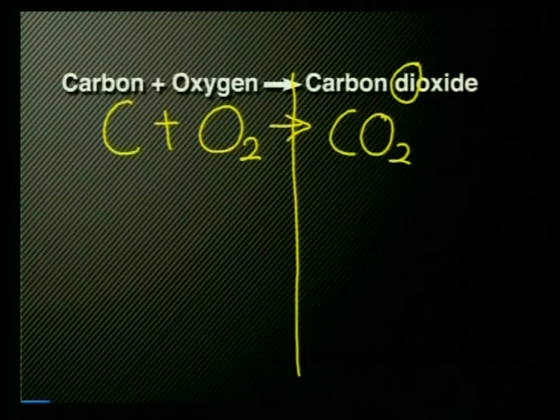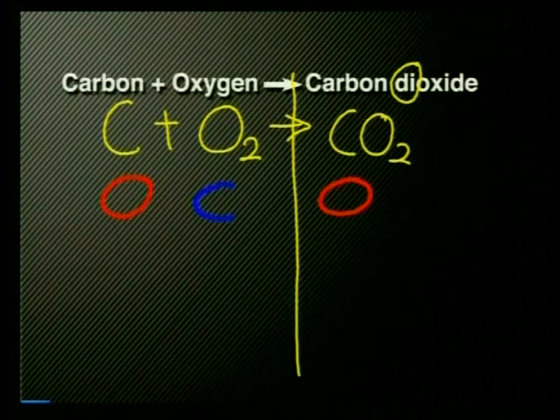Next, I will use circles in different colors to represent the different elements. So, one red disc represents one carbon atom, and one blue disc represents one oxygen atom. In this reaction, I have one carbon atom and two oxygen atoms.